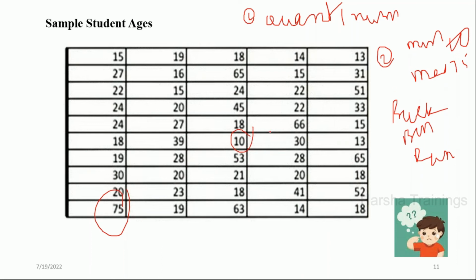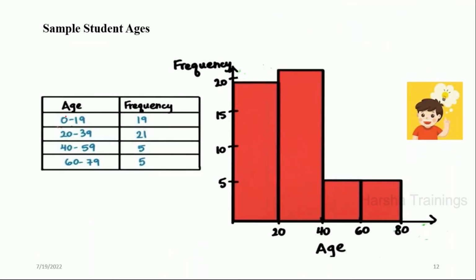Now what I will do is take the range from 10 to 20 in one bucket, 20 to 30 in another bucket, 30 to 40 in another bucket, like that up to 70 to 80 in another bucket. Then I will take the frequency. Initially, I have taken a bucket size of 10.